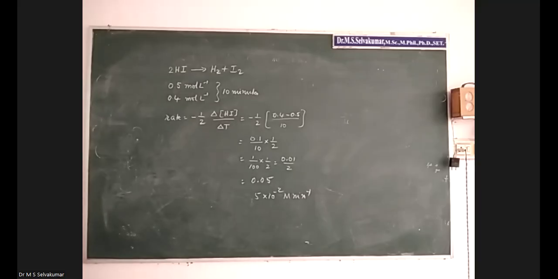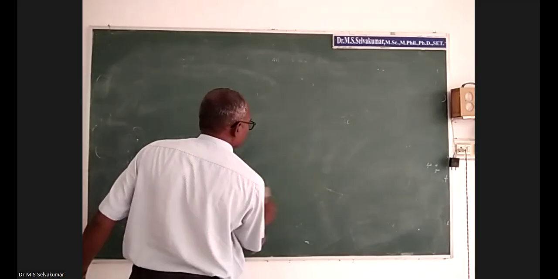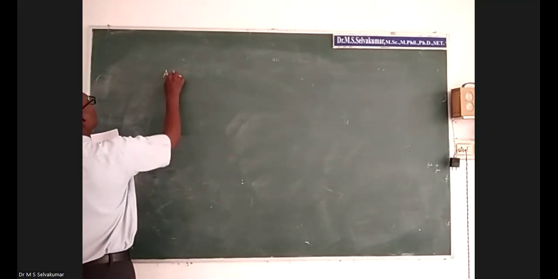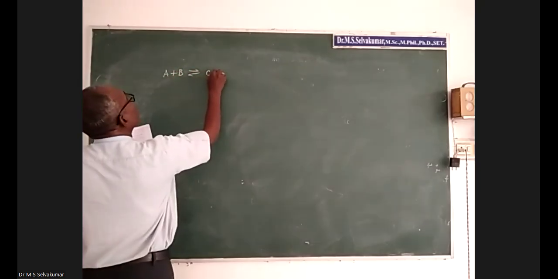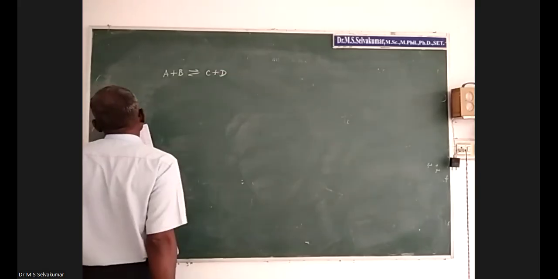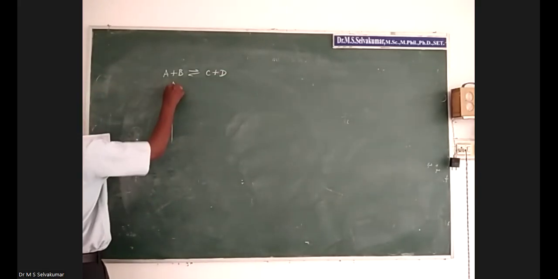So next problem. For a reversible reaction, A plus B in equilibrium with C plus D, I'm drawing a graph.